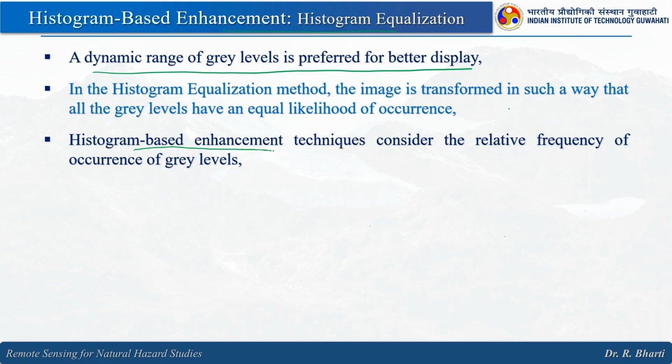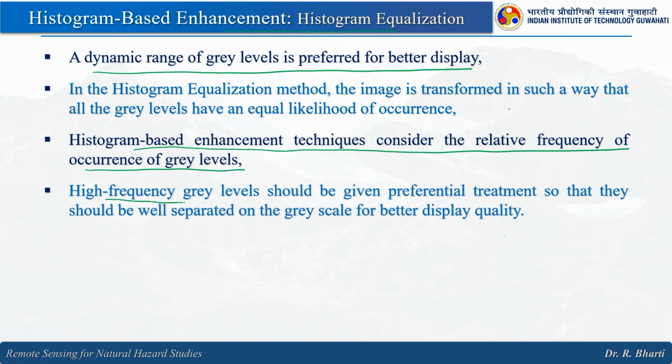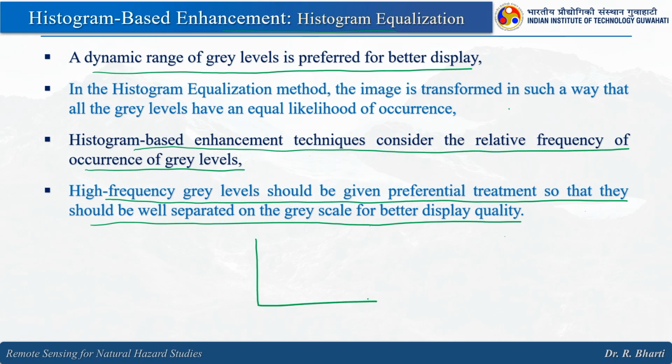Histogram based enhancement techniques consider the relative frequency of occurrence of gray labels. Hope you have understood the previous example. High frequency gray labels should be given preferential treatment so that they are well separated on the gray scale for better display quality.